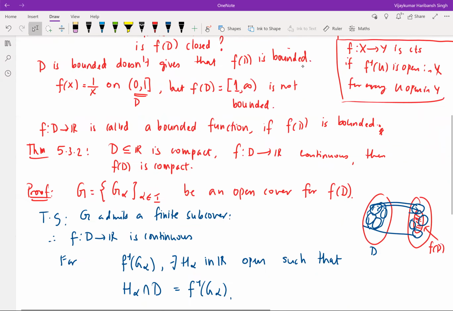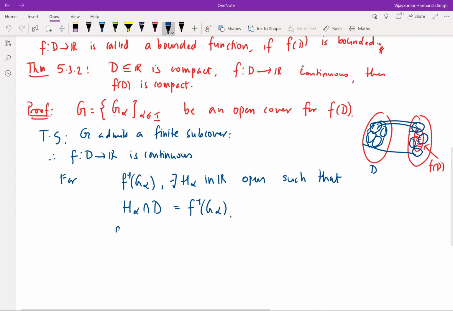So now note that, first of all, f of D is a subset of the union of G alpha, alpha in I. This implies your D is a subset of f inverse of the union of G alpha, which is the union of f inverse of G alpha.